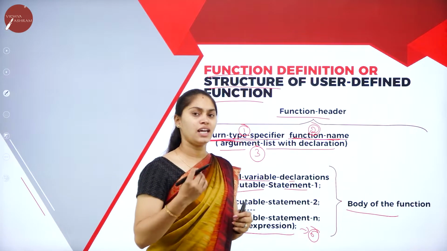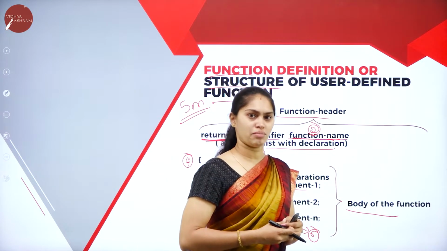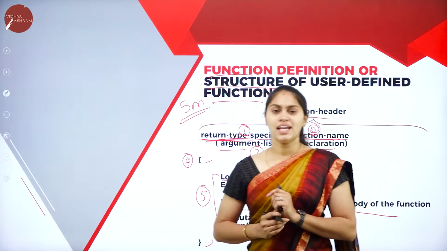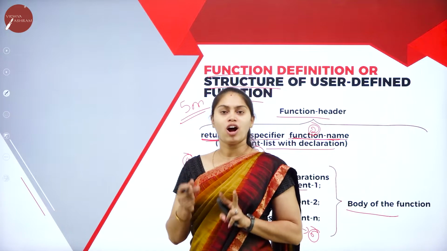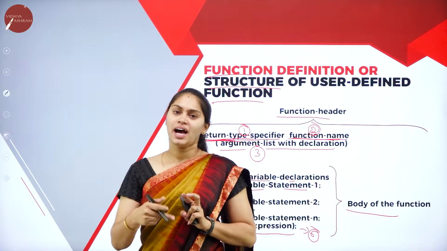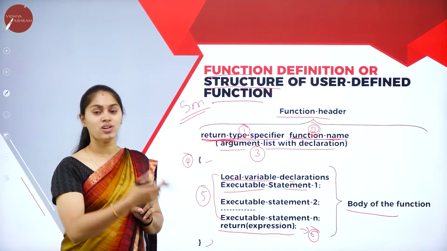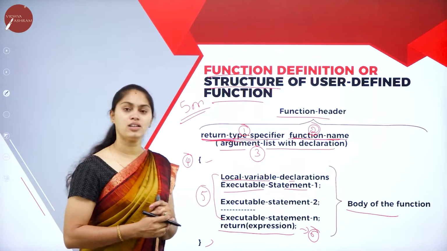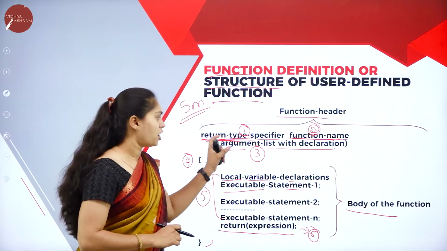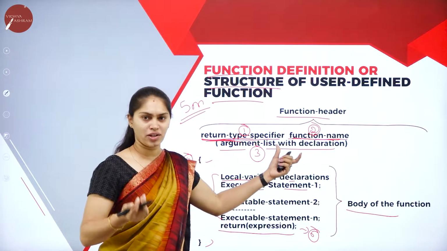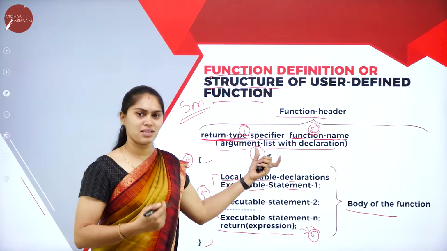For example, if I want to find the addition of two numbers, how many variables do I require? I require two variables: variable 1 and variable 2. After adding those two values, I have to store the result somewhere else. So that is what we are going to use as a local variable declaration. You just remember the argument list, and I am also going to discuss the types of arguments in my further classes.